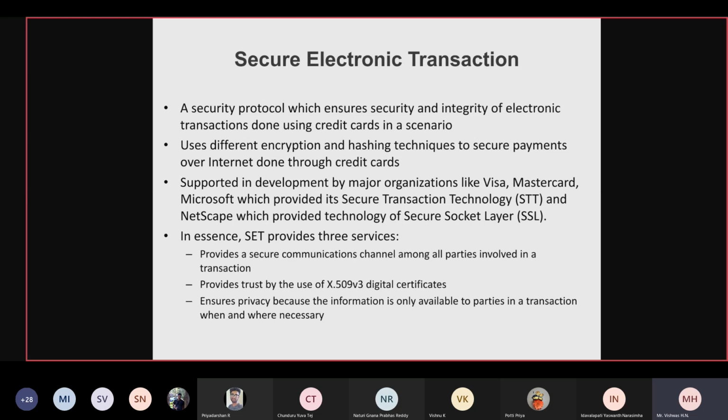Yes, sir. Since this is a transaction and even digital certifications are involved, I'm feeling like generally it will be one user and then a certification authority or some trusted authority. Oh, that might not be involved, no, sir.